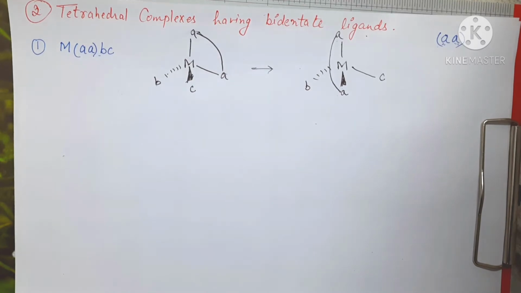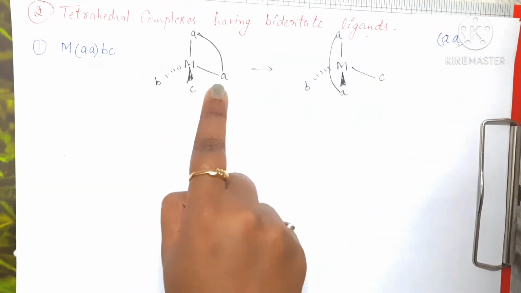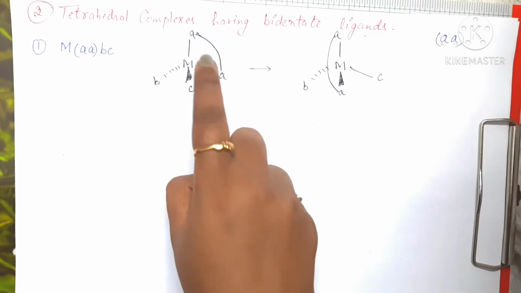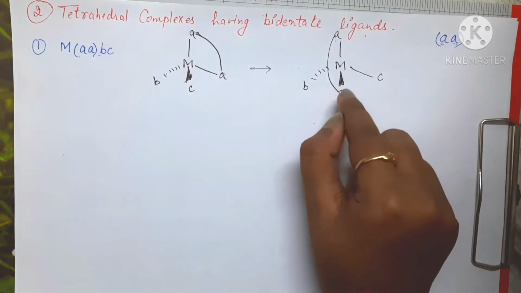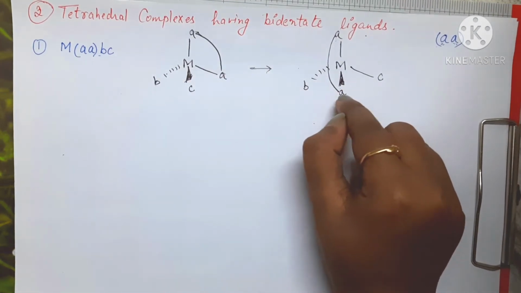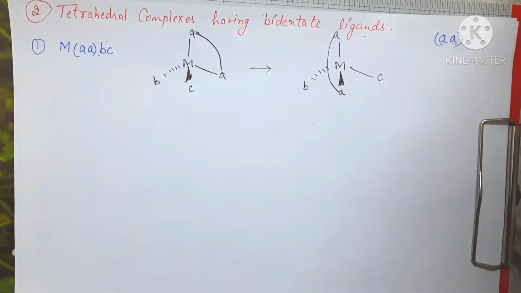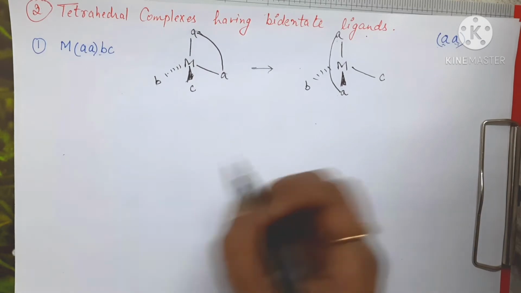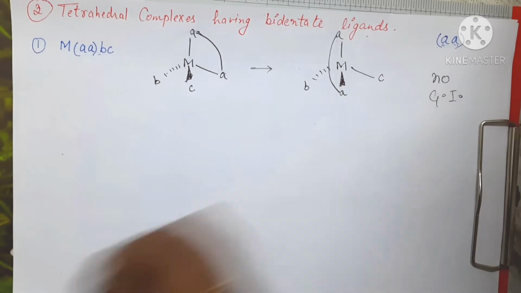Earlier, these two donating sites were in the plane with approximately 109 degrees, and now the second site is above the plane, but still the angle is 109 degrees 28 minutes in 3 dimensions. So there is no change in bond angle, so definitely there will be no geometrical isomerism.